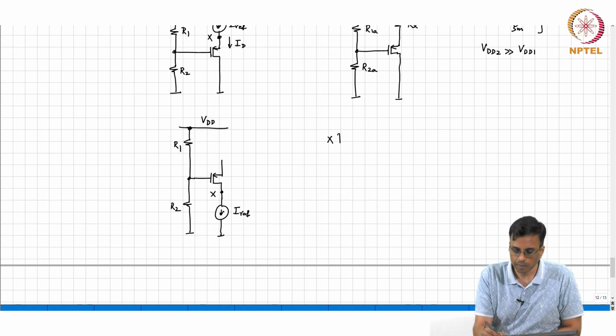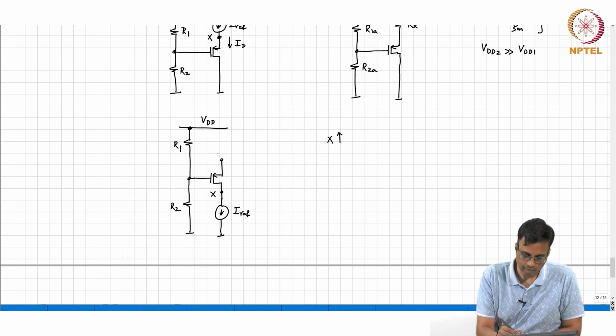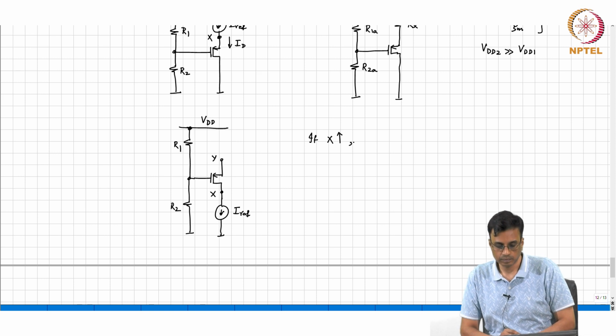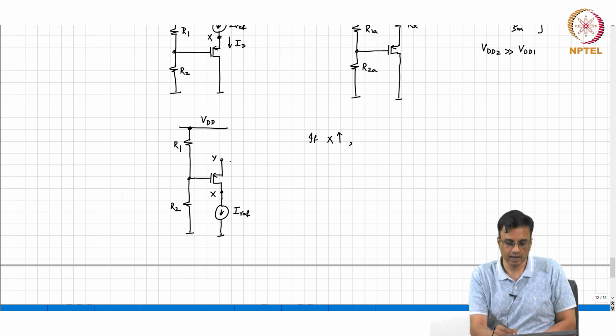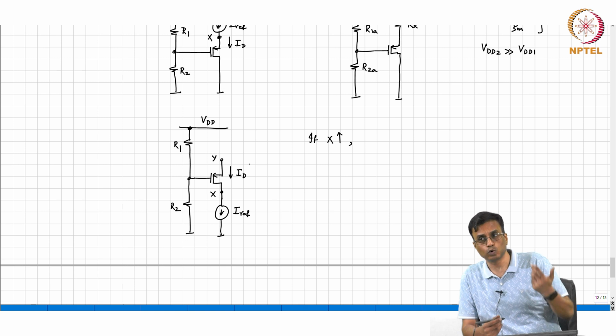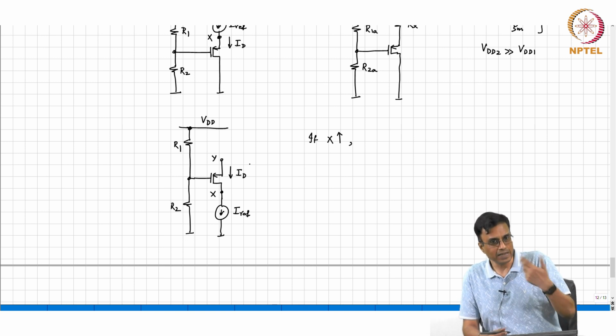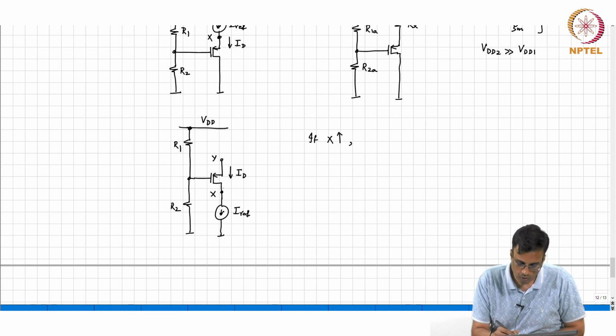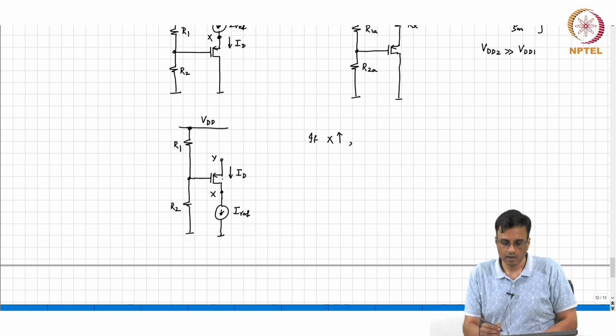If X goes up, it means that the drain current ID is greater than Iref. So, the source-gate voltage is too much or too little? Too much, correct. So, it should be brought down, and vice versa.